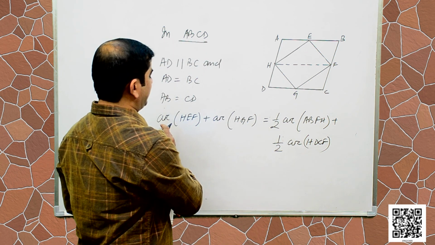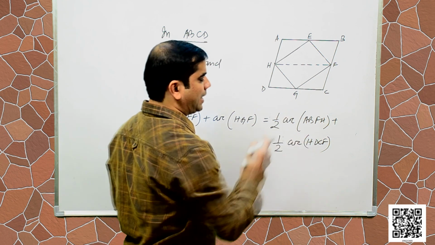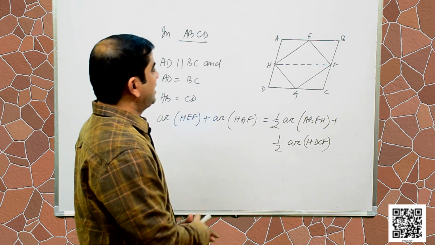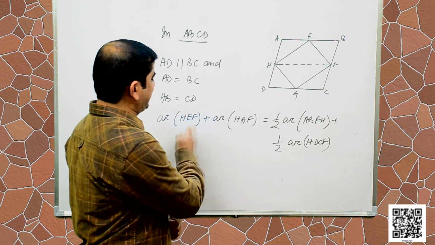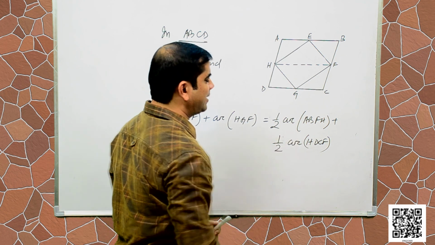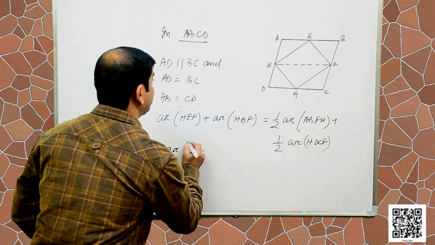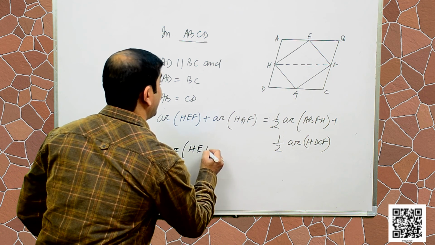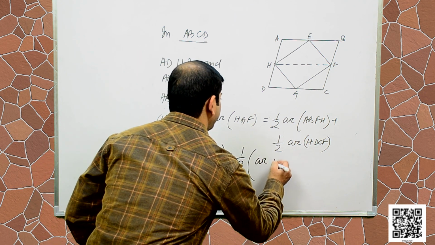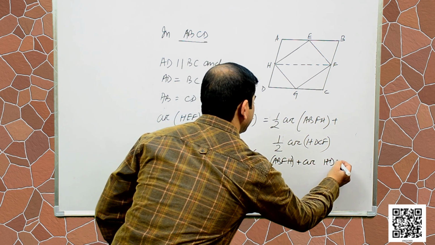Because area of HEF is equal to half of area ABFH and area of HGF is equal to half of area HDCF. So, we can add both sides. So, students, you can clearly see that area HEF plus area HGF is equal to half area ABFH plus half area HDCF. That means area HEFG is equal to, if I take half common, half of area ABFH plus area HDCF.